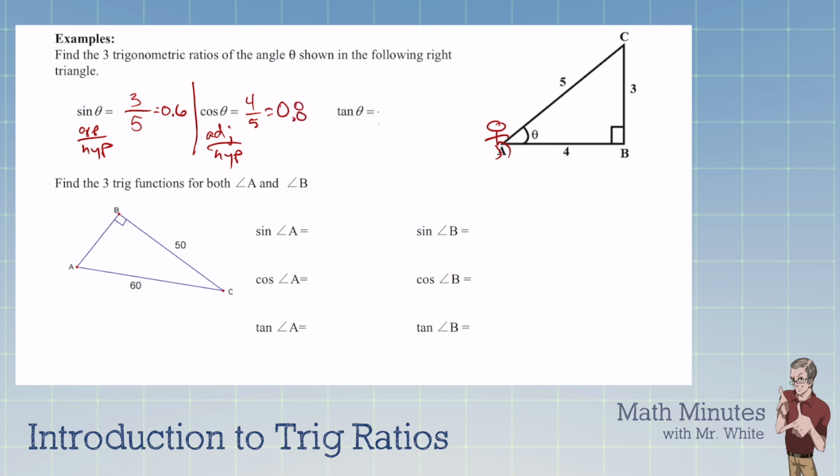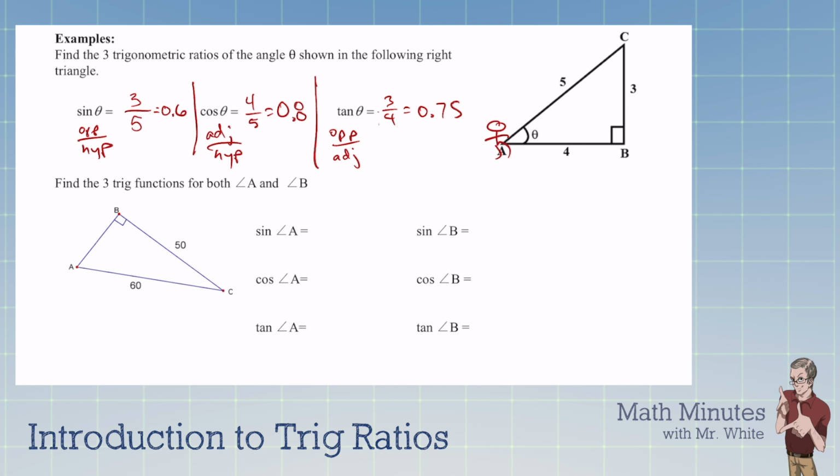Now, what about tangent? Remember, tangent involves just the legs, and it's the opposite leg divided by the adjacent leg. So that, in this case, would be, opposite is over here, 3 divided by the adjacent leg, 4. So 3/4, which we could also write as 0.75.